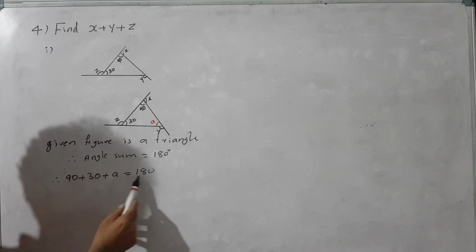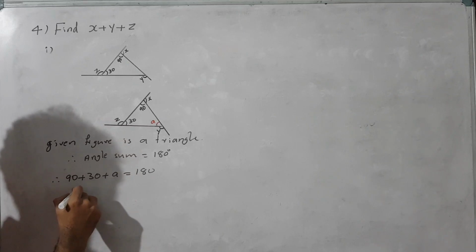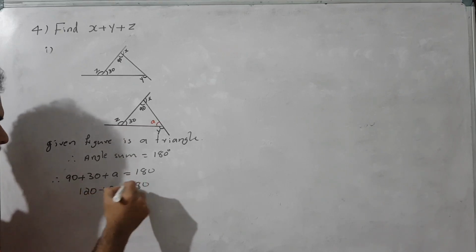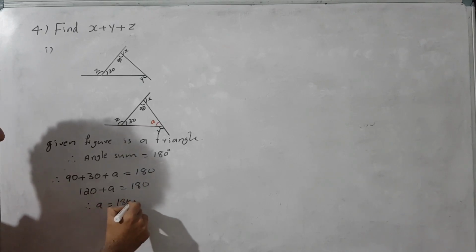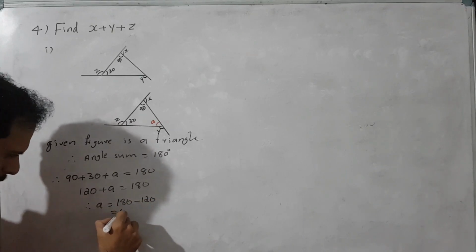So 90 plus 30 plus a is equal to 180. 90 plus 30 is 120, plus a is equal to 180. Therefore a is equal to 180 minus 120, which is equal to 60.